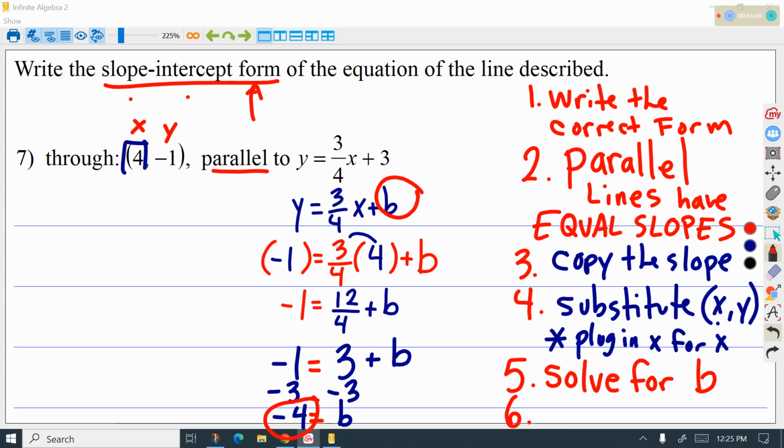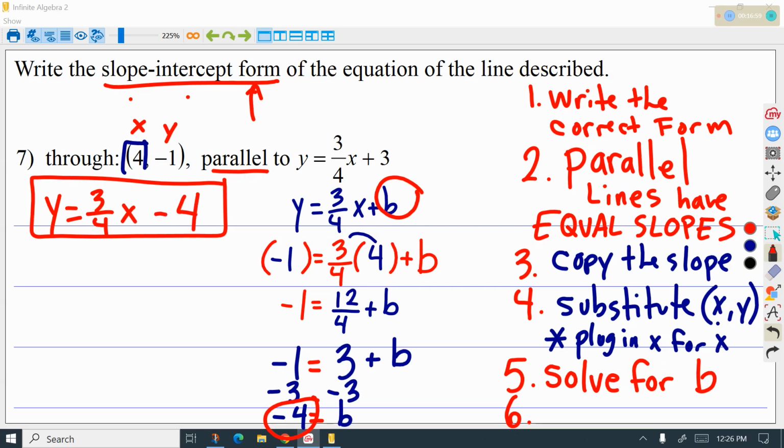So all I'm going to do to finish this up is over here in this last box, okay? We're copying everything that we had, the 3/4 x, right? But check your understanding. What do I write to finish this problem? What do I have to do, right? Well, instead of writing plus b, I'm going to use this number that we got. We have -4. And so that's the way to complete this problem, okay?